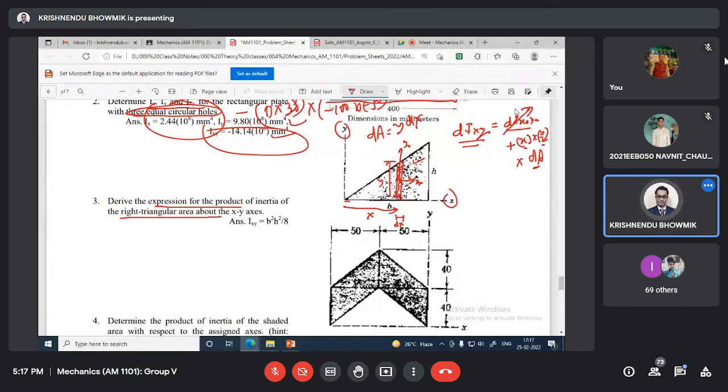So this is 0 because for this small rectangular element it is symmetric. We have the symmetricity. So we have x y by 2 dA.